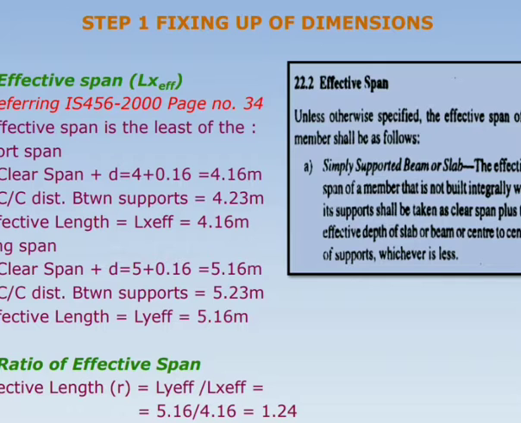The effective span along the x direction, that is the shorter span, is the clear span plus effective depth, or the center to center distance between the supports, whichever is least. So here we can say that the effective length is 4.16 meters. Similarly, along the longer span, we get an effective length of 5.16 meters.